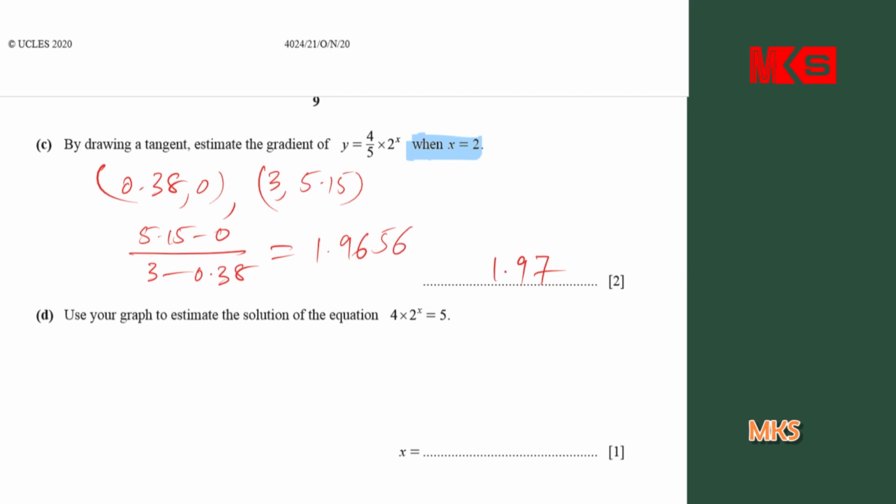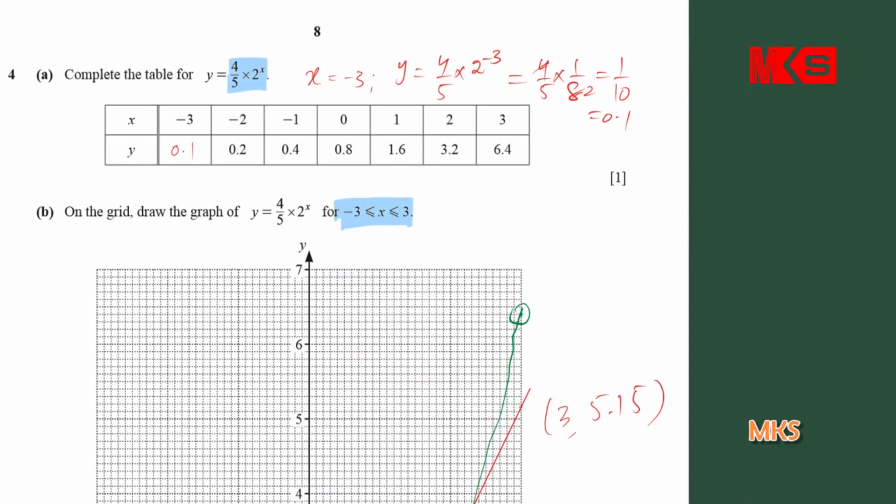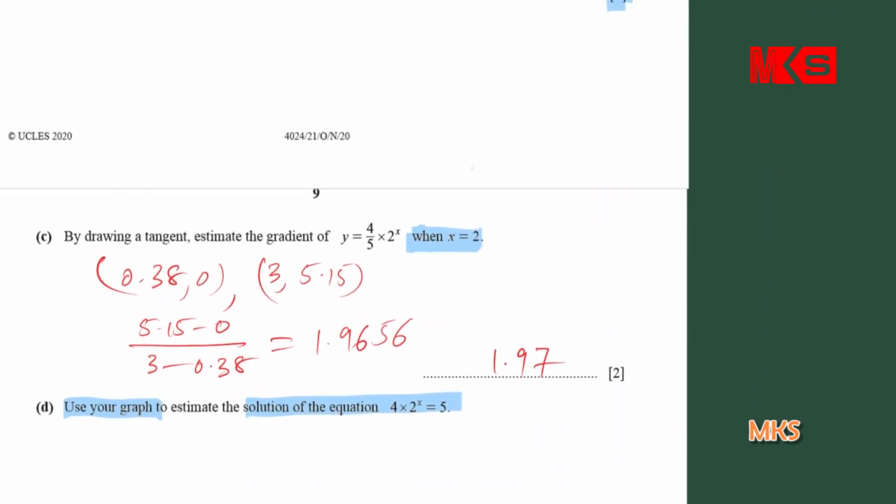The next part D is use your graph to estimate the solution of the equation 4 times 2 raised to power x is equal to 5. Once we have drawn a graph, and in the question we are asked to use the graph to find the solution of some equation, the first thing we make sure of is that the expression of the graph we have already drawn must be on the left side of the equation.